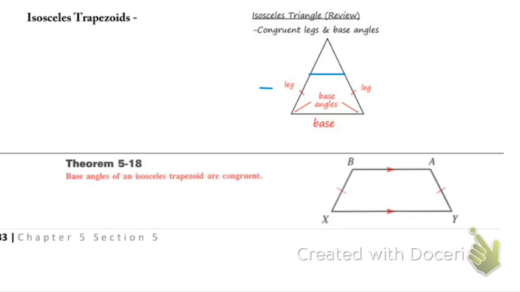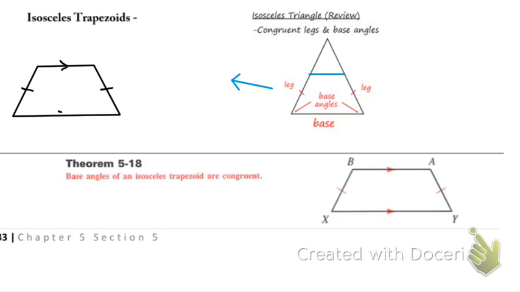And that's what we're going to draw on the other side here. We're going to draw an isosceles trapezoid. So we have 2 parallel lines. And just like an isosceles triangle has congruent legs, an isosceles trapezoid is also going to have congruent legs.